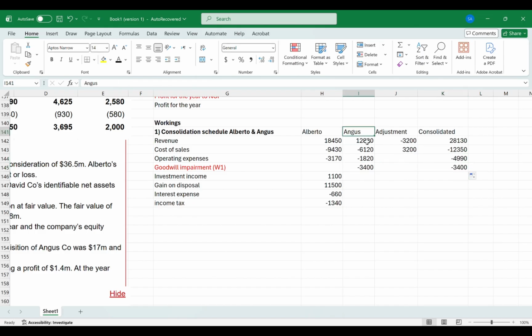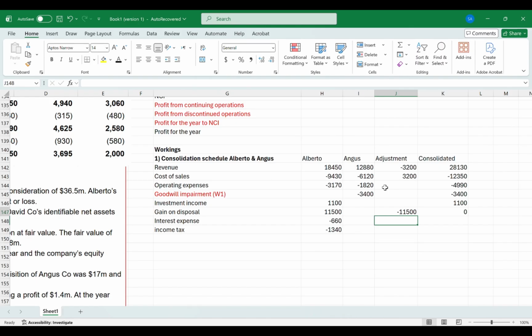This goodwill impairment will only be shown in the subsidiary, not in the parent. Now moving on to investment income. Investment income is only for the parent. There is no investment income for the subsidiary. Same for gain on disposal. But since this gain on disposal was there only for the parent, on consolidation you have to eliminate it. So minus 11,500. Done.